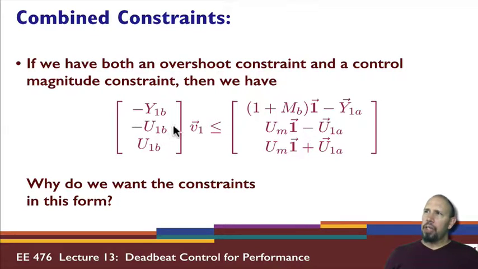I've written them in a particular form: something times our unknowns less than or equal to some column. Why do we want the constraints in this form? Later on, we're going to show you a really awesome tool, and that tool wants the inequalities in this form. So that's why we put them in that form.